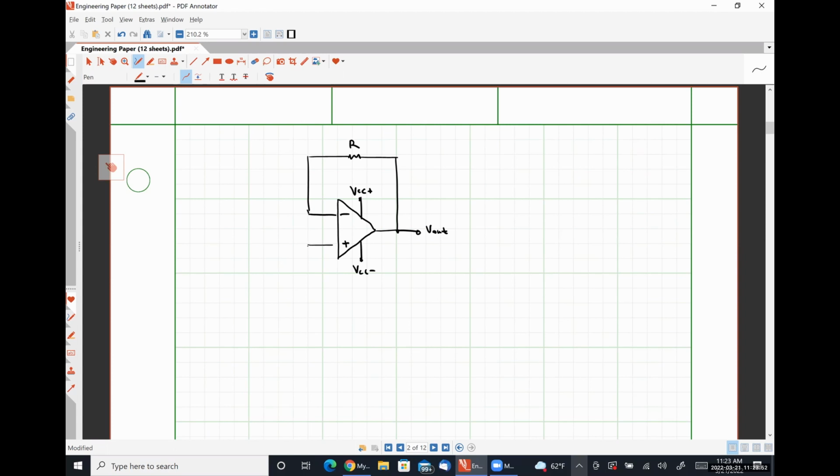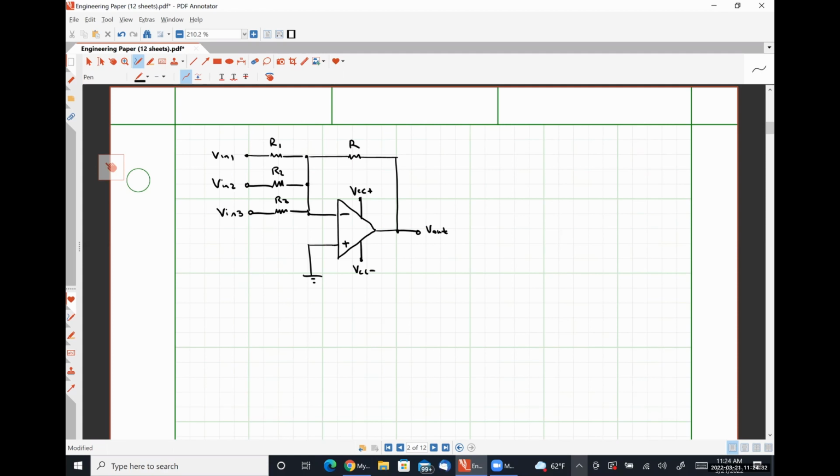And again, I'm going to ground my inverting input terminal. And what I'm going to do here is apply multiple resistors. So let's call this guy up here R1, this guy right here R2, and this guy right here R3. And at the other leg of resistors R1 through R3, we're going to have VN1, VN2, and VN3.